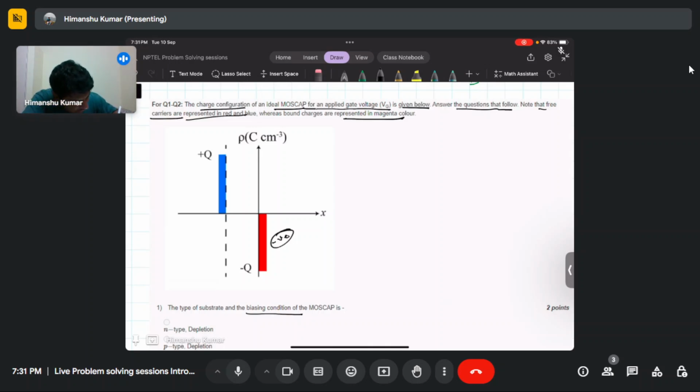So these negative charges are piled up, which means this is an n-type substrate, because the negative charges are electrons.